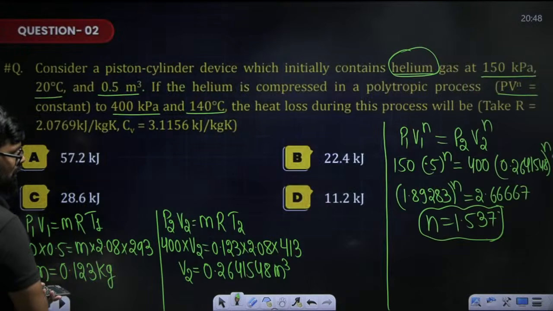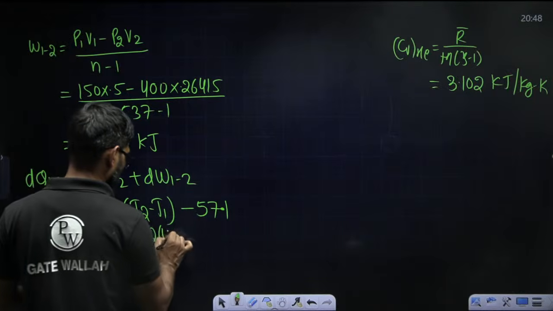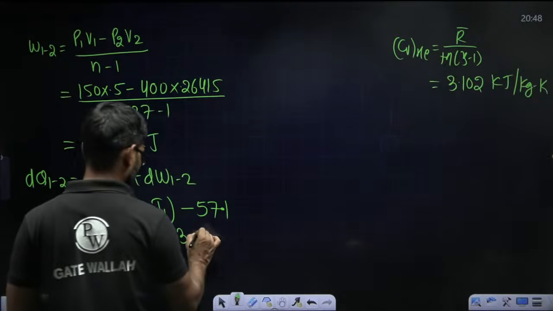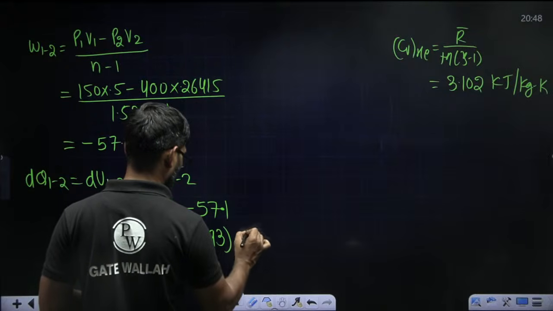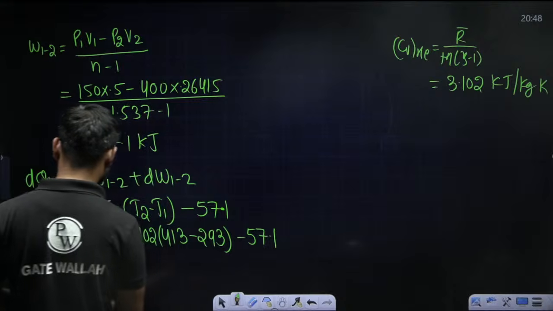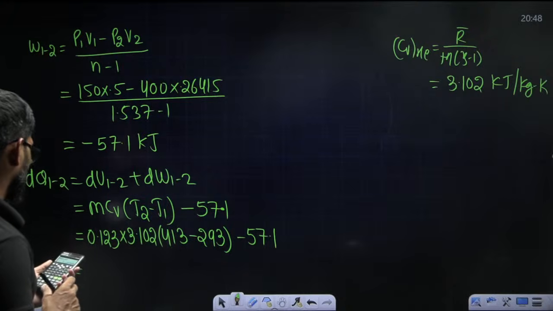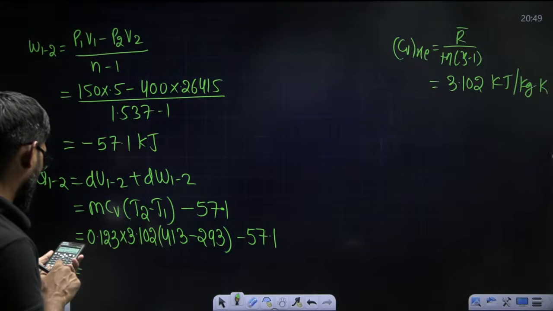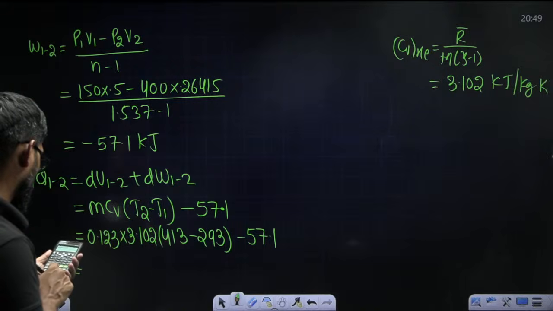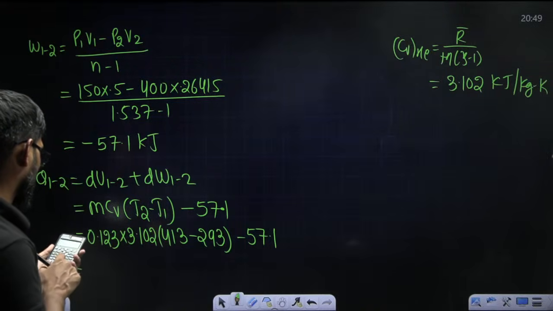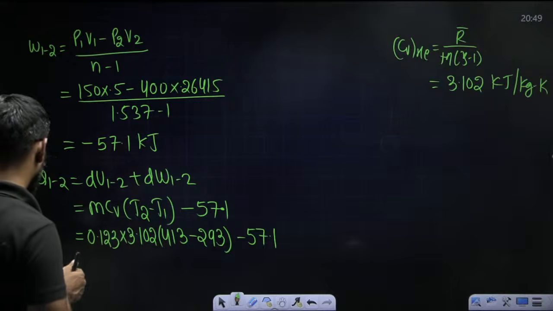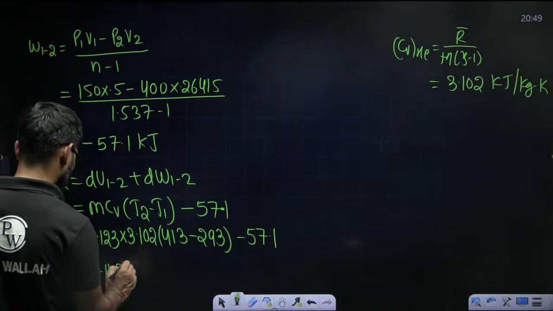T2 value is how much? 413. 413 minus 293. Is it minus 11.32?